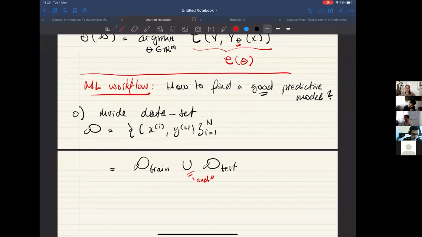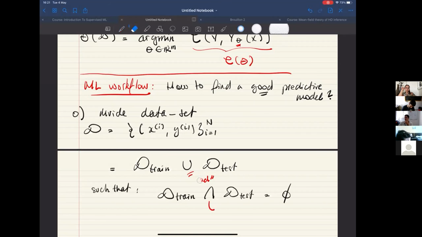And we will require, and this is absolutely crucial, that their intersection is empty. So mathematically, this operation is the union.